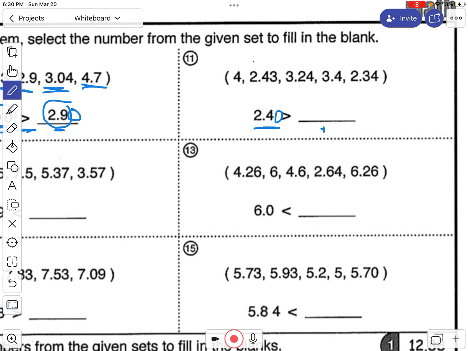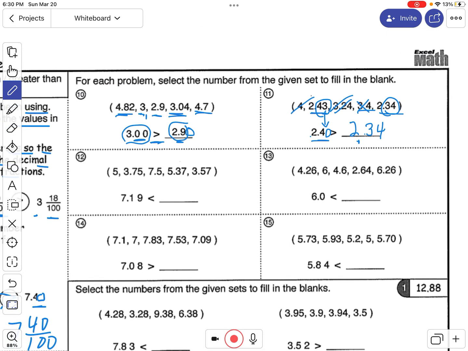And the number up here that's smaller, well, 4 is bigger than 2. 2.43, that's pretty close. 3 is bigger than 2, so it can't be that one. 3 is bigger than 2, and then you have 2.34. Well, 2.43 is bigger than 2.34, and 2.43 is bigger than 2.40. So 2.34 is going to be our smaller number compared to 2.40.